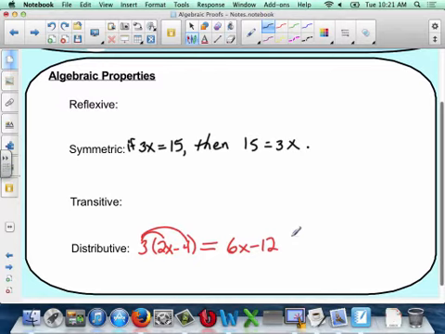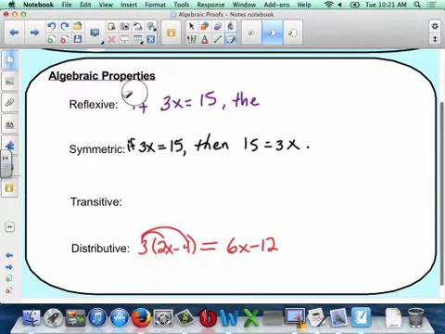Now the reflexive property, and I will agree with you guys, there's a lot of these, I call this the duh statement. And we see a lot of these in groups. Literally is the duh statement. And the way I look at the reflexive is what you see is what you get. So if 3x equals 15, then, well, actually don't scratch that.